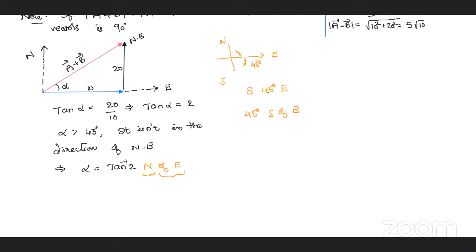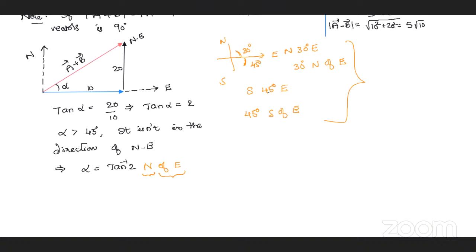And suppose this is 30 degrees in between north and east, I write 30 degrees north of east. Now is it clear, Nana, how to write? 45 degrees south of east, 30 degrees north of east.